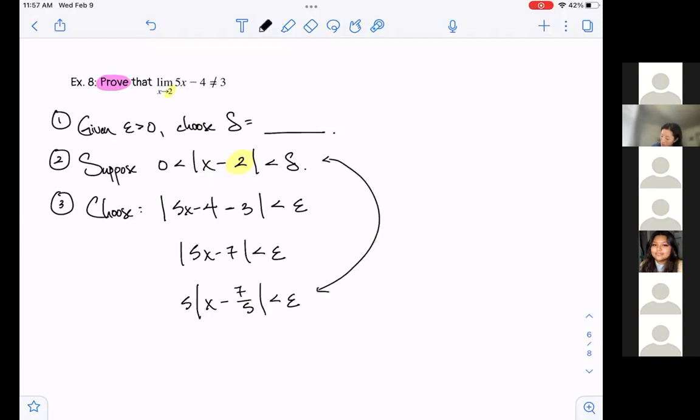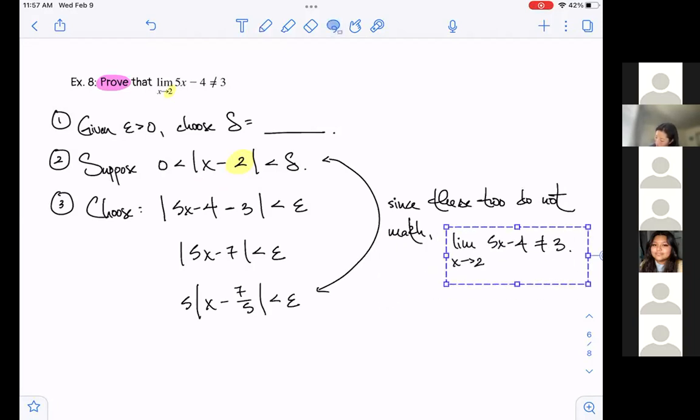So since these two do not match, we can say that the limit as x approaches 2 of 5x minus 4 is not equal to 3.